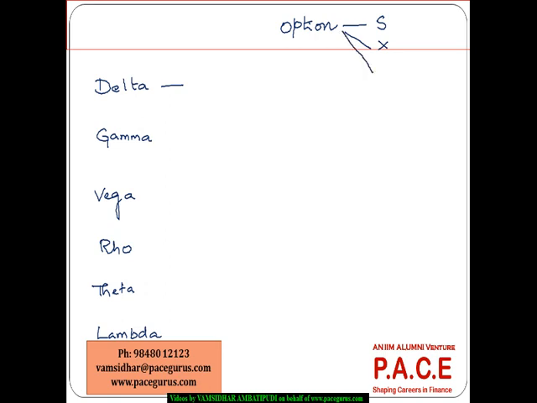Option price is impacted by the change in the risk-free rate of return, by the change in the volatility or the standard deviation of the security. The option price is impacted by time to maturity. Option price is impacted even by the dividends that are typically declared. So these are the typical 6 different factors that impact the price of the call option or the put option.